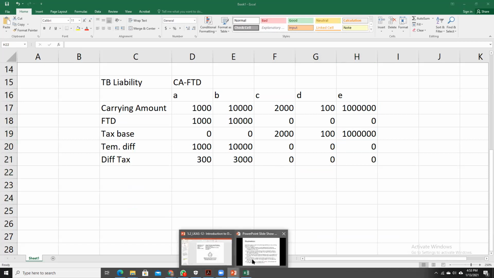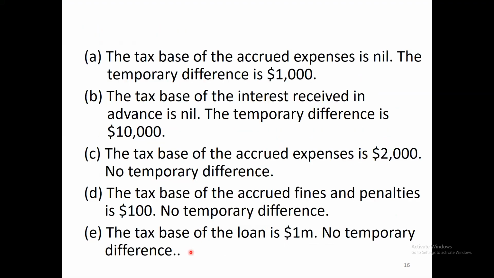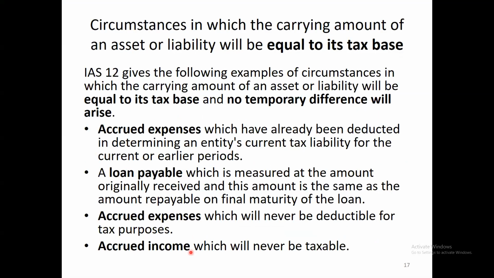And yes, this is the answer for that question. Now, circumstances in which the carrying amount of an asset or liability will be equal to its tax base. It means there is no temporary difference.